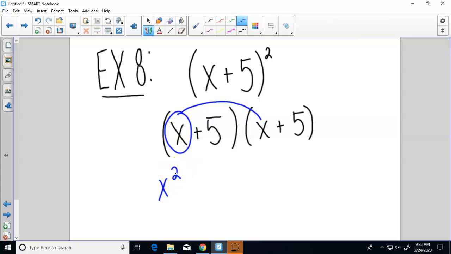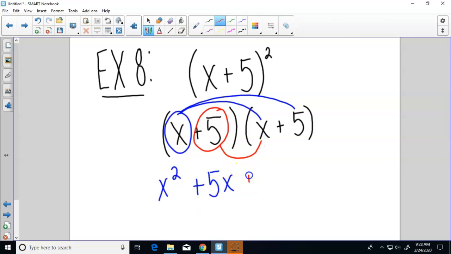That's what we had with Evan's answer. But then we'd have to do x times 5. And that would give you positive 5x. And then you would have to distribute this 5. So 5 times x would be positive 5x. And then we'd have to do 5 times 5, which will be 25.